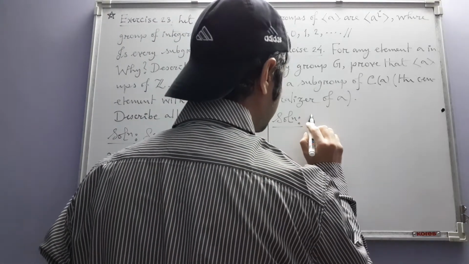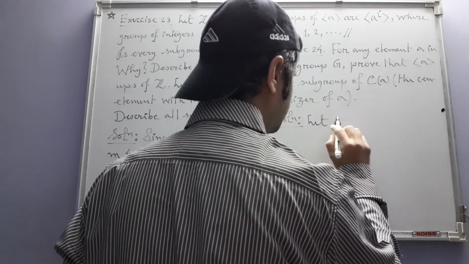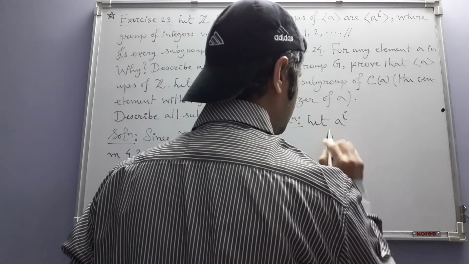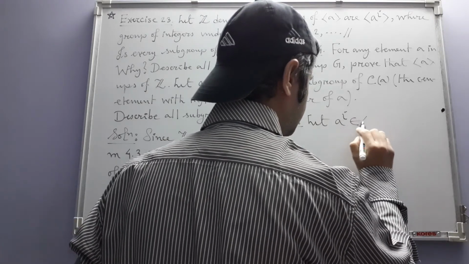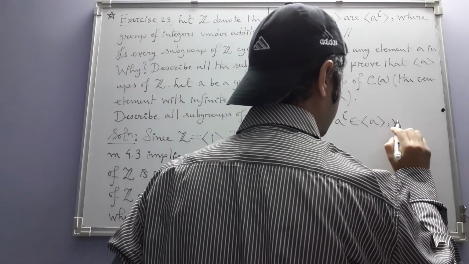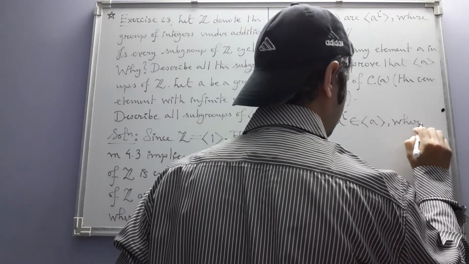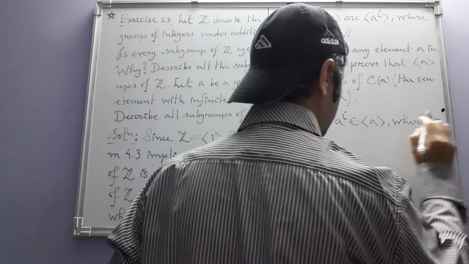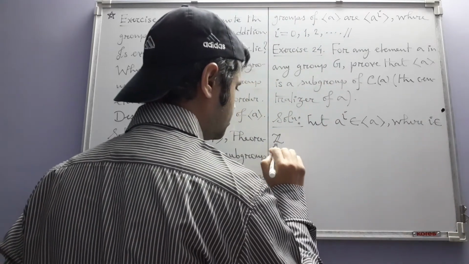So let A to the power i belong to this cyclic subgroup, where i is some integer.